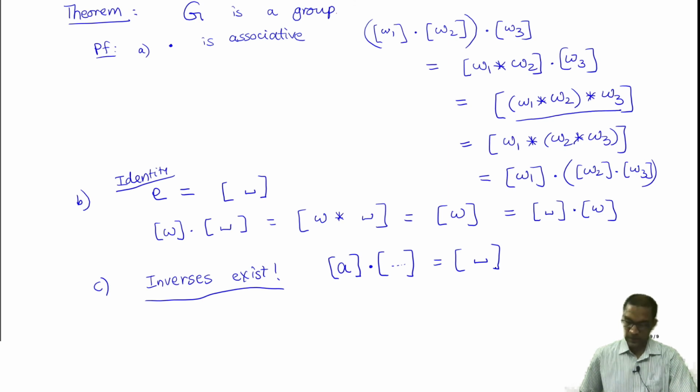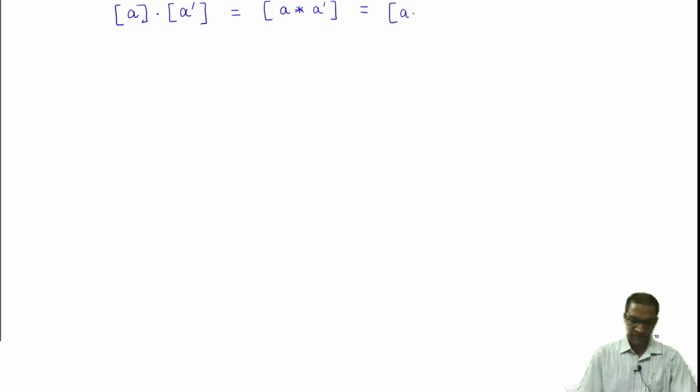Let's perform a simple computation here. If I take A and multiply it with the equivalence class of the element A prime, then by definition this is the equivalence class of the concatenation, the word A with A prime, which is just A A prime, the word of length 2.